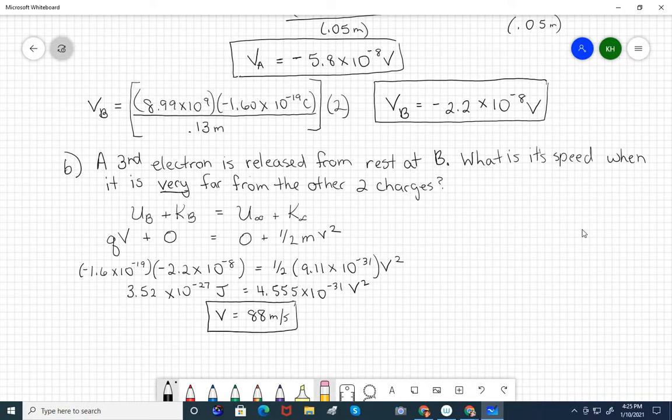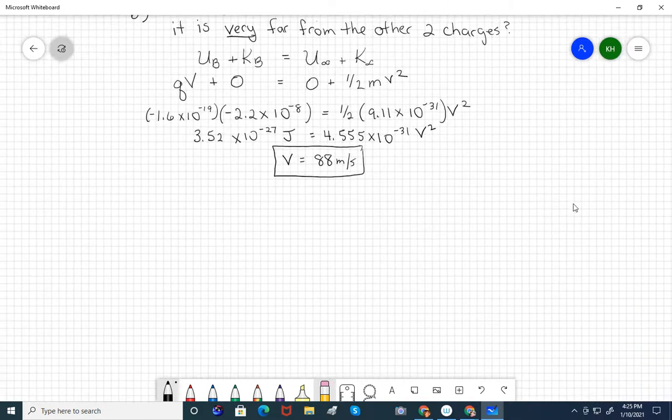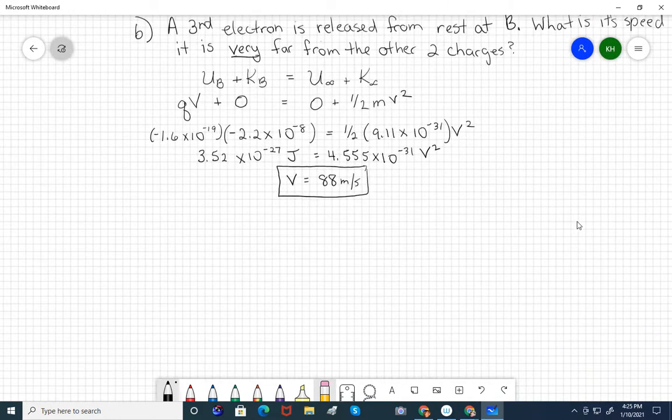Okay, I'm going to introduce one more idea, and that's a different unit. This particular object, at the end of the problem or at the beginning of the problem, either one, has an energy of 3.52 times 10 to the negative 27 joules.